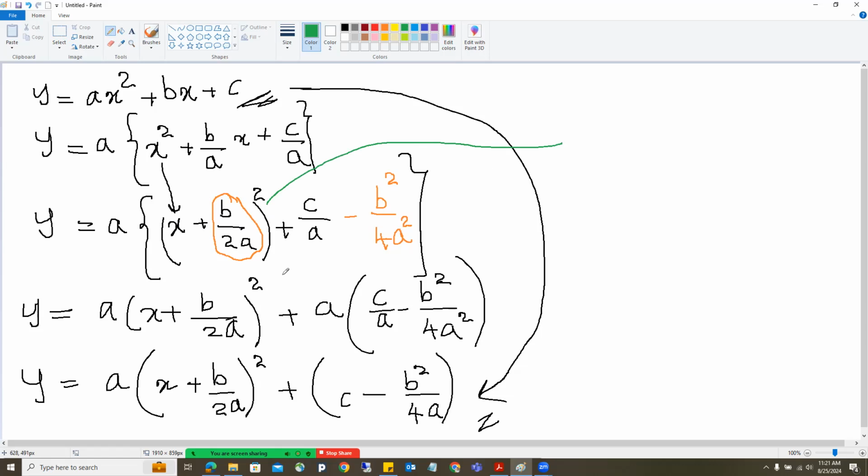Now what will happen if you remove these brackets? See, (x plus b over 2a) squared. If I ask you to remove these brackets and expand them, tell me the equation which you received.